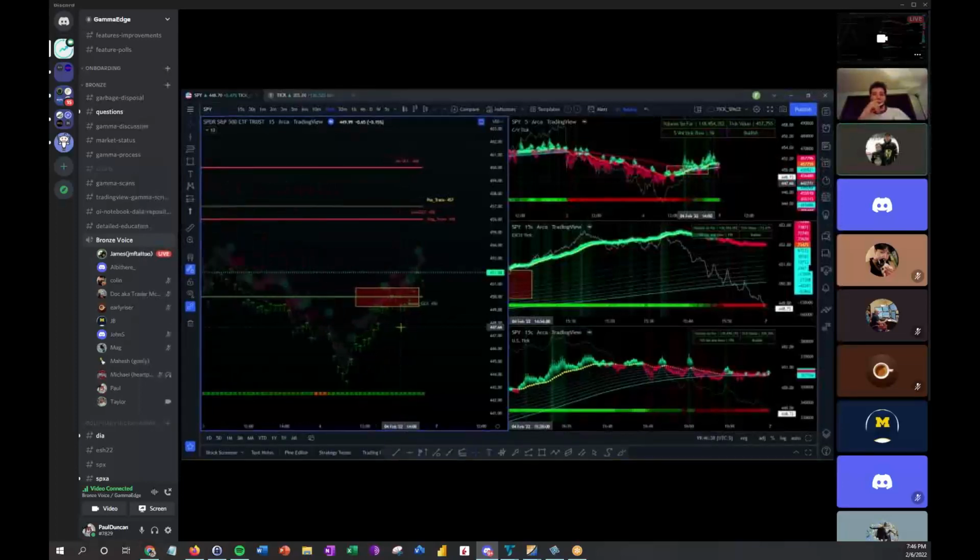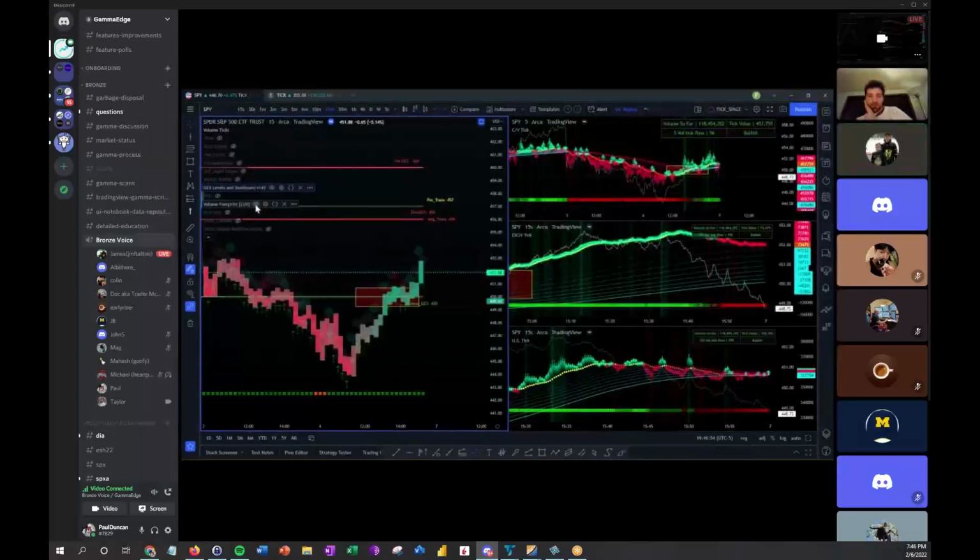As we look at SPY coming into close on Friday, we crossed up and over minus GEX here at 450, and you can see I boxed that out right there as we cross over. Actually, let me put my footprint back on so you can actually see it. Sorry. There we go. So we cross up and over minus GEX here at 450, and where I put the box, we start to extend out of that.